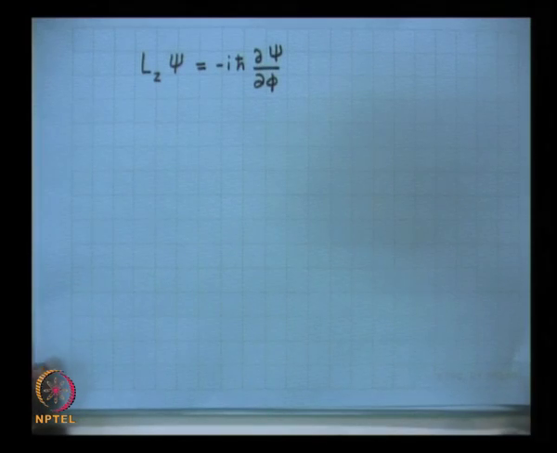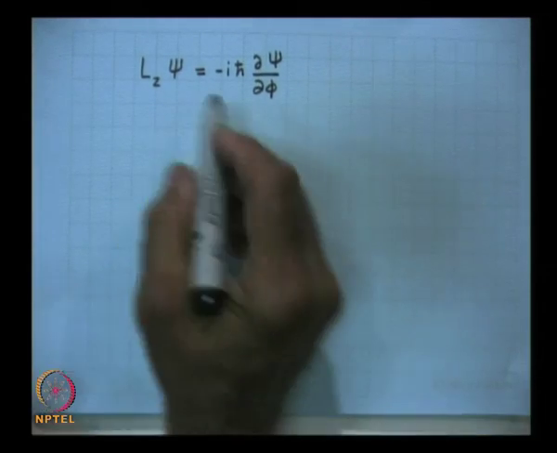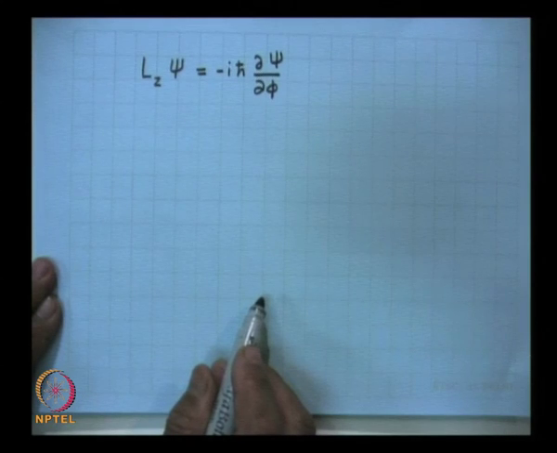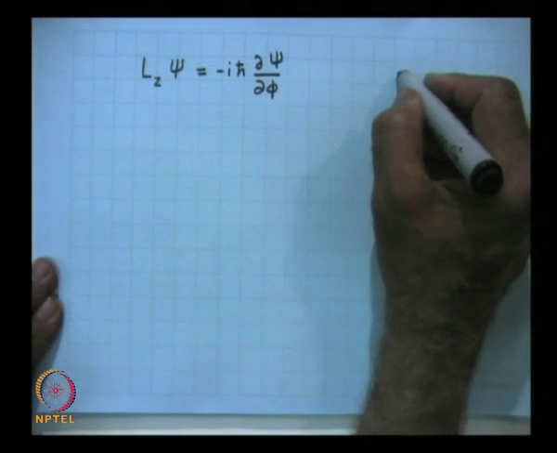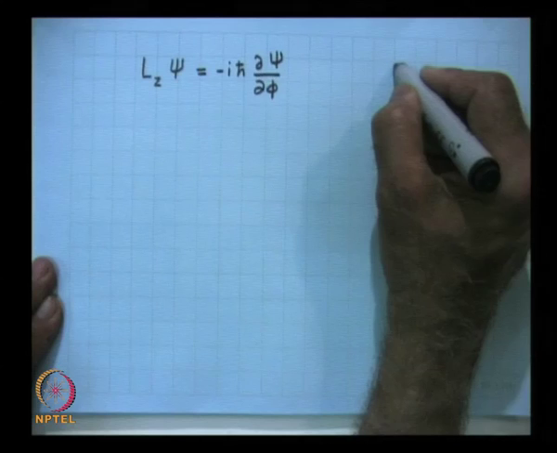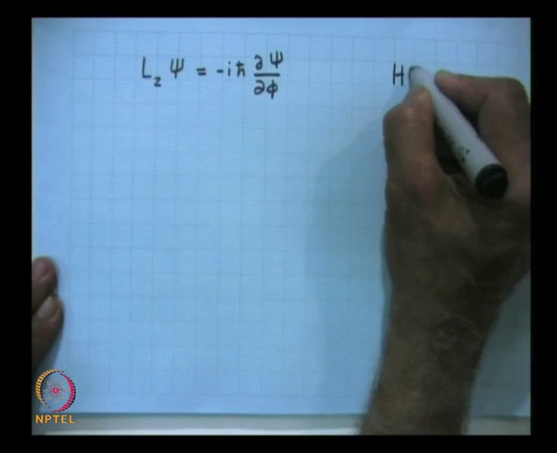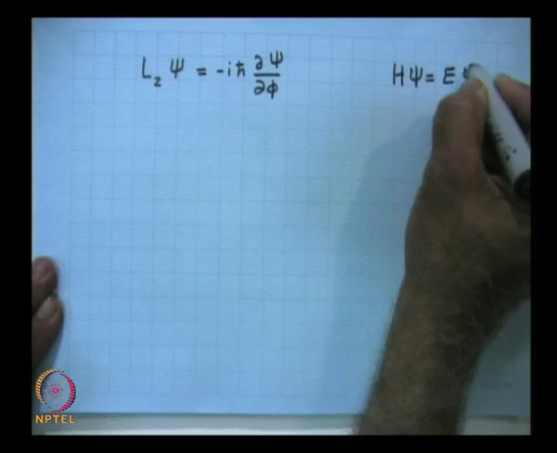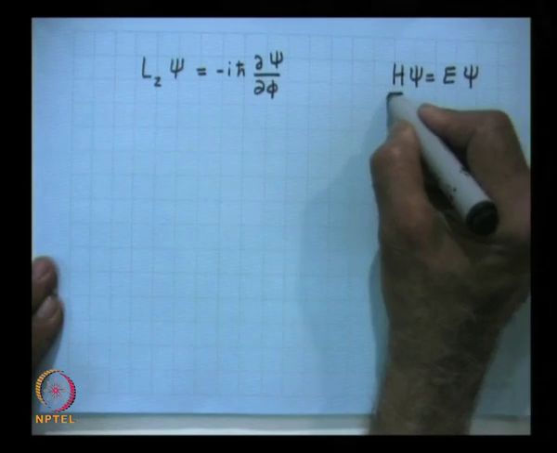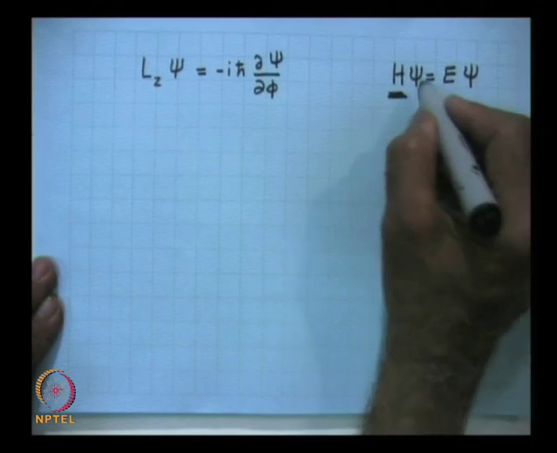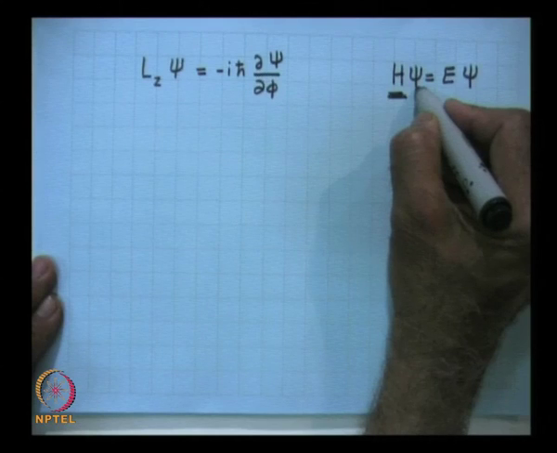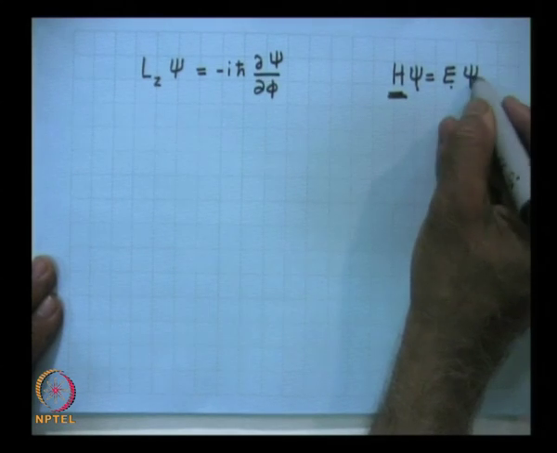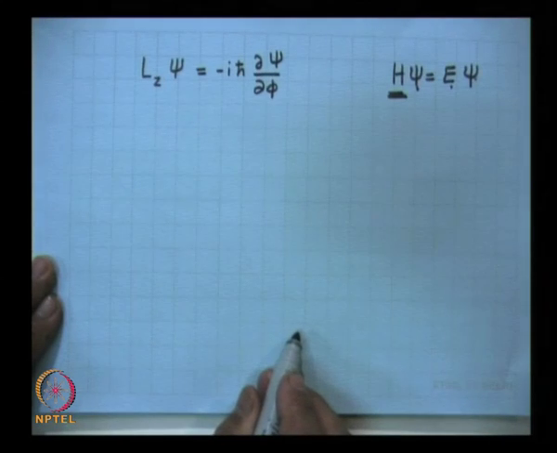Now, let me try to find the eigenvalues of Lz. What is an eigenvalue equation? If you recall, for the Hamiltonian, the eigenvalue equation is H psi is equal to E psi. That is, this is the operator operating on a wave function, and E is a number multiplied by the same wave function.